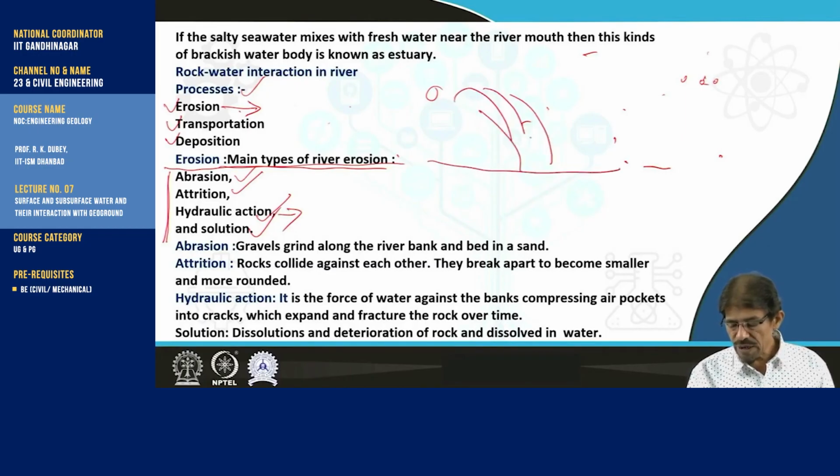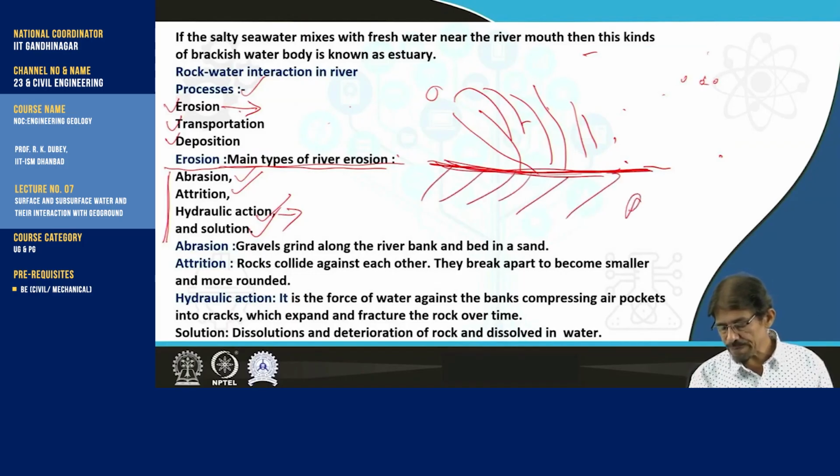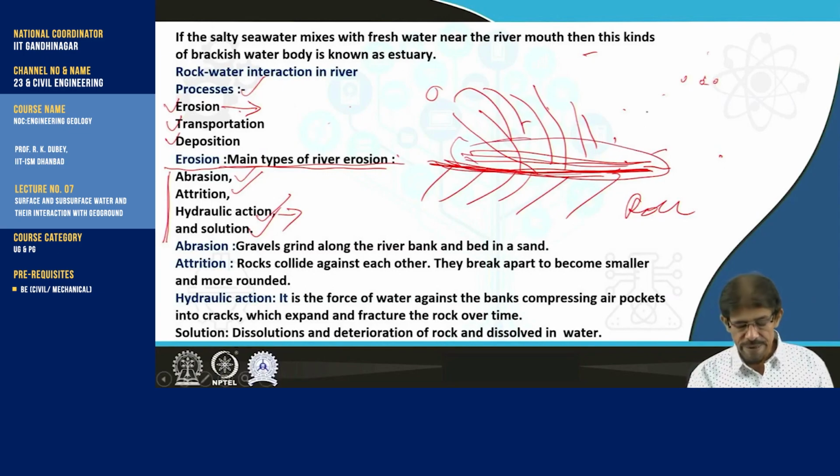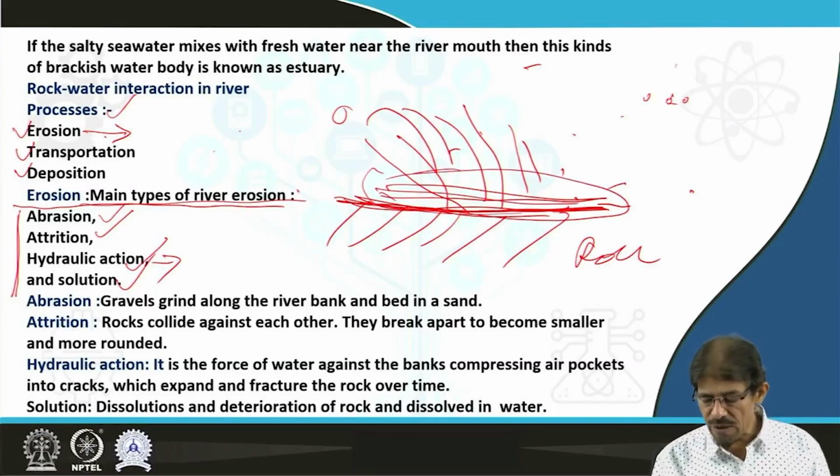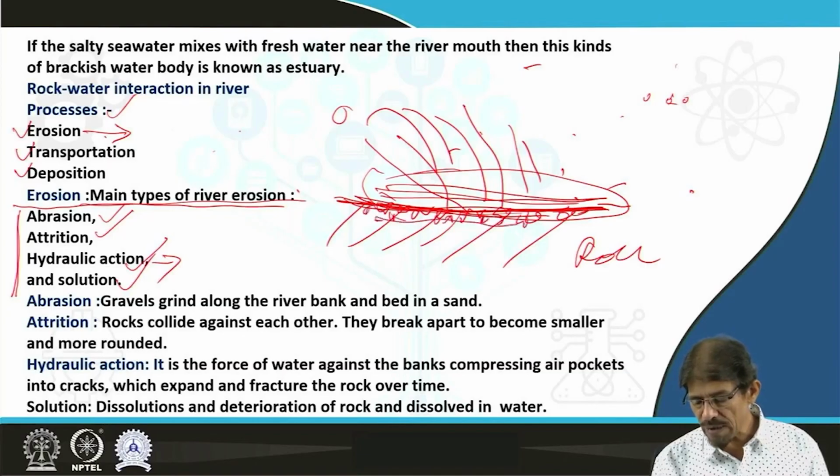The thrust caused by flowing water due to shear stress acting at the interface between the rock and the surface of flowing water is represented by the hydraulic action, and this hydraulic action is going to cause release of some of the constituents, some of the minerals, some part of the rock due to the impact of this dragging.